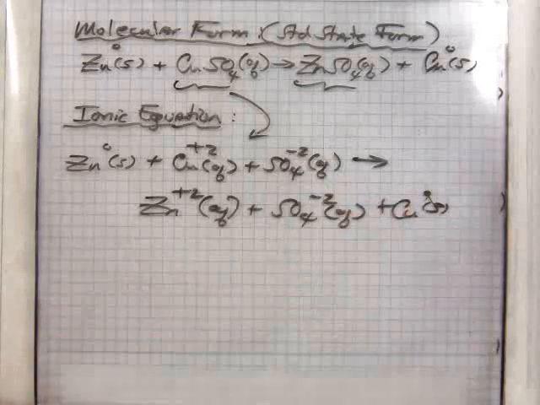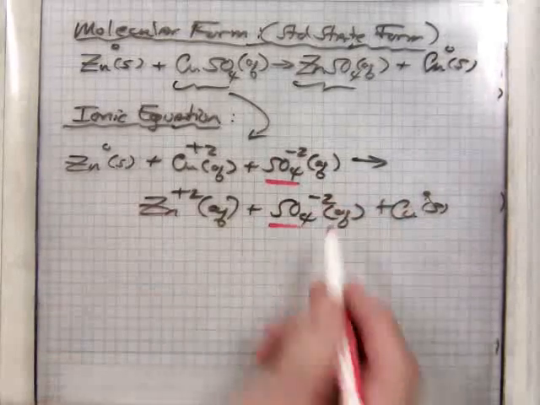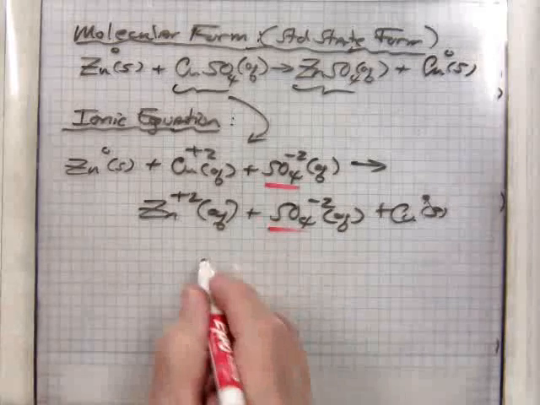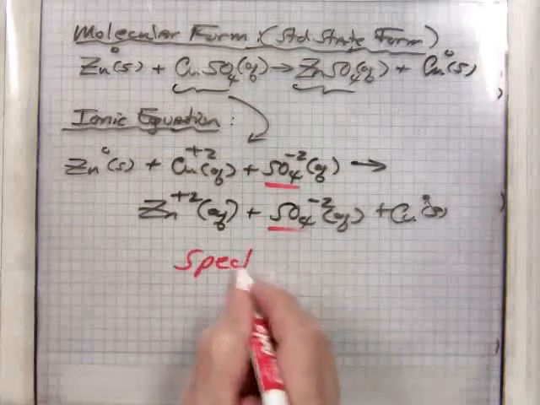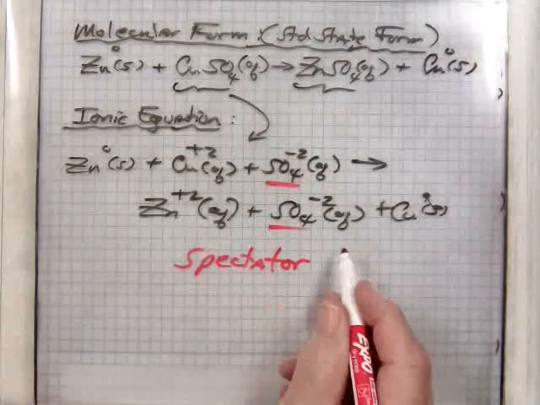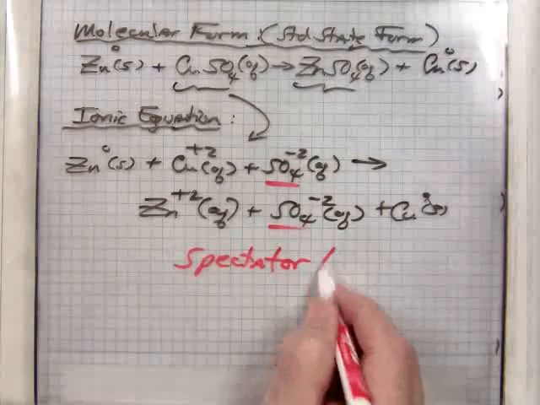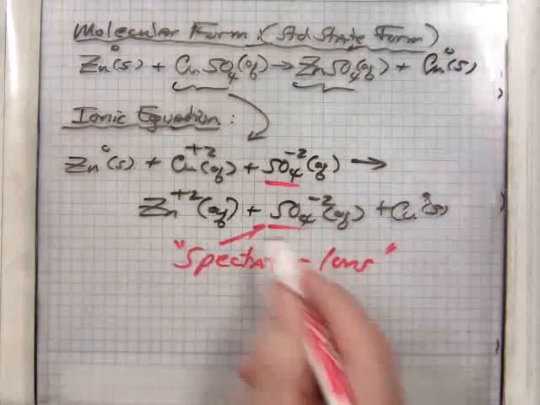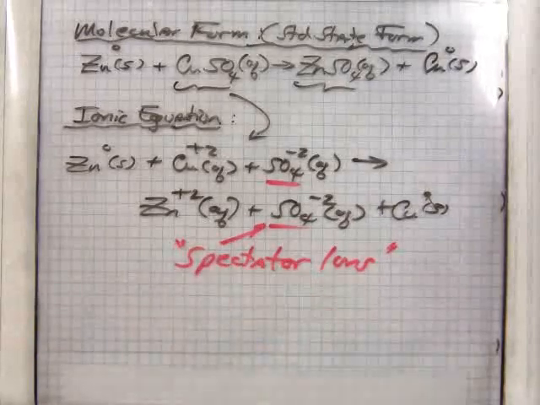These do not enter into the chemical process, and those that do not enter into the chemical process are referred to as spectator ions. Now this one only has one spectator ion, the sulfate.